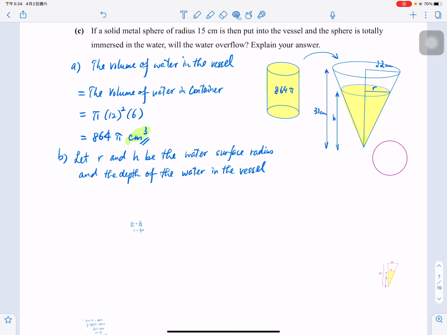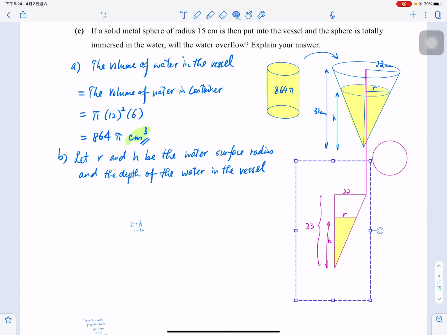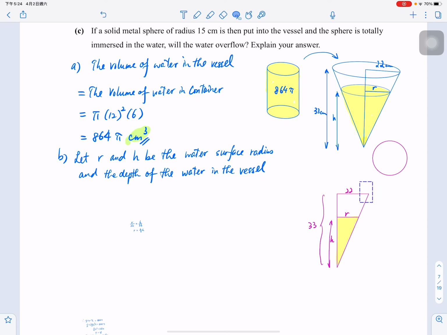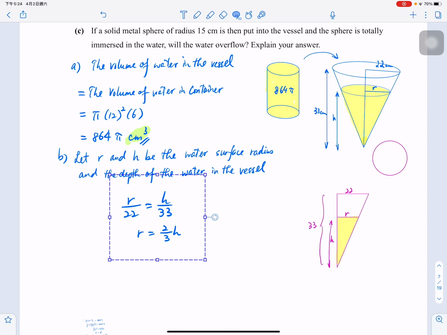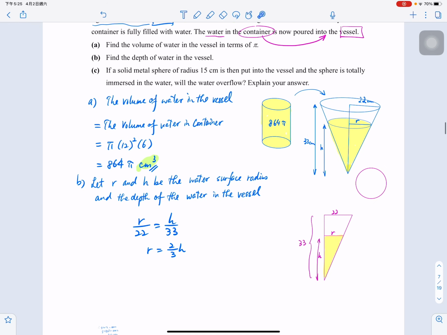So as a result, you can make use of this. What are they in ratio? You can write like this. R over 22 equals H over 33, right? So you can write R in terms of H. That's great. It's a good way to help us write down only one unknown, that means the depth of water, only H as the unknown.